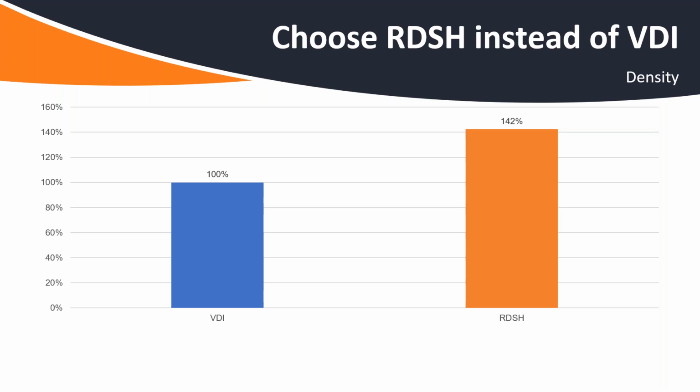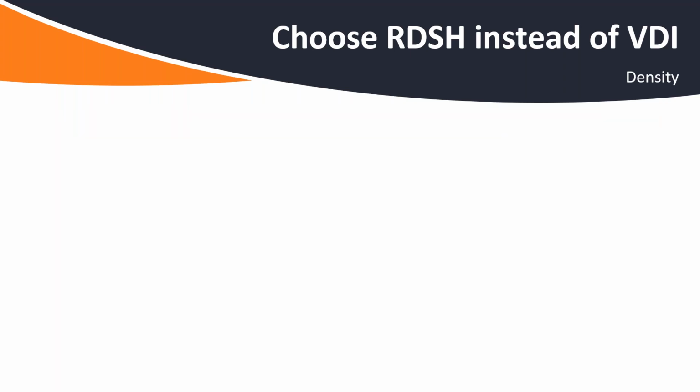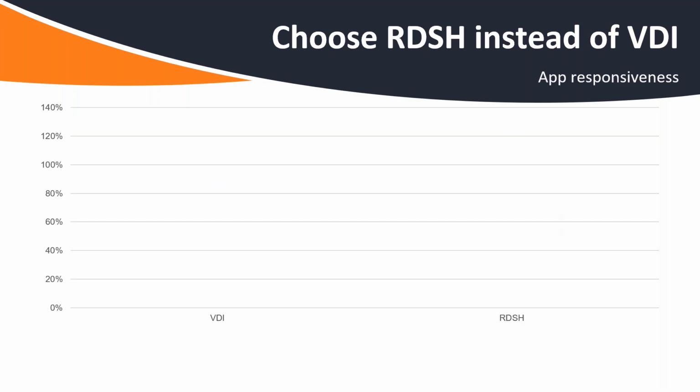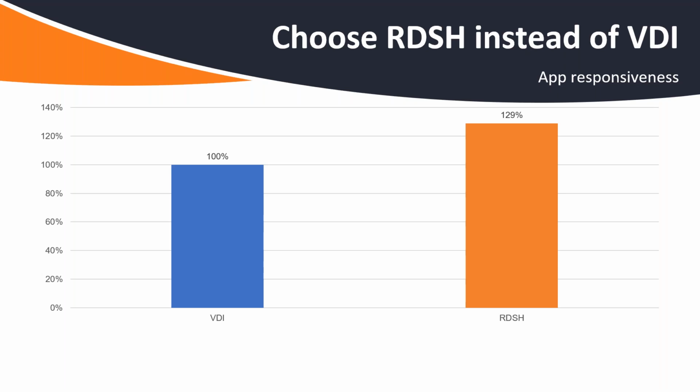Now, obviously, this is density. This is great for decision makers and people that have to pay for all of this. What happens for the end user? What is the application responsiveness? Here's what we saw. For VDI, again, the baseline was 100%.